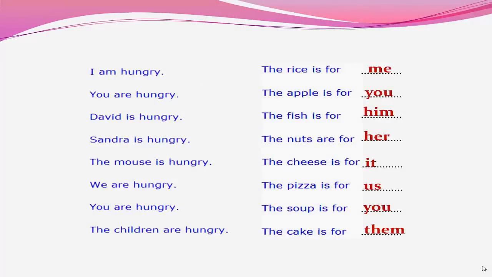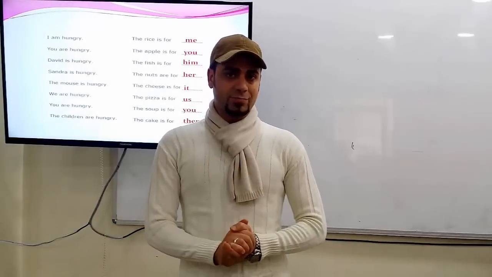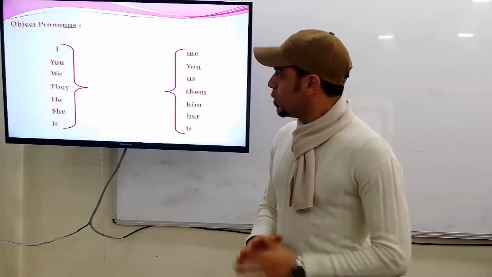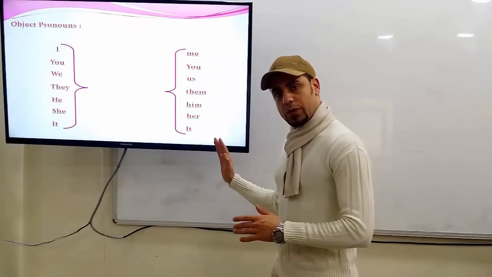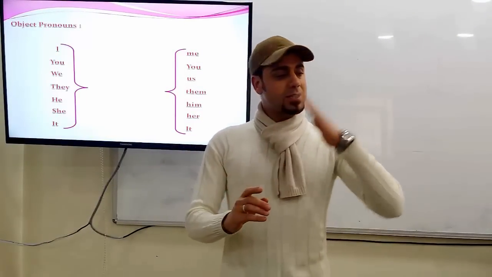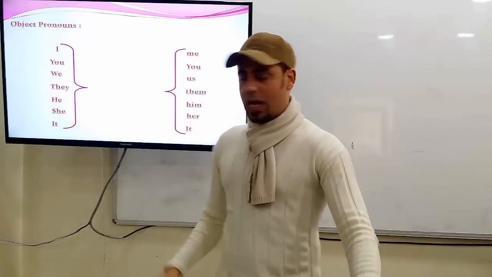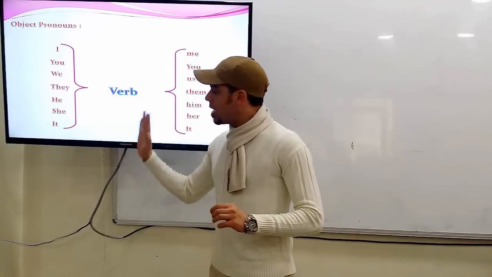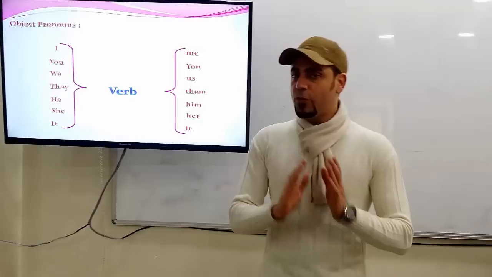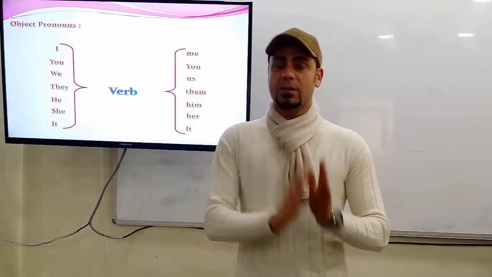Now, let's make the whole story short. We have subject pronoun and we have object pronoun. What tells me what is subject and what is object is the verb. Before the verb, it is subject.